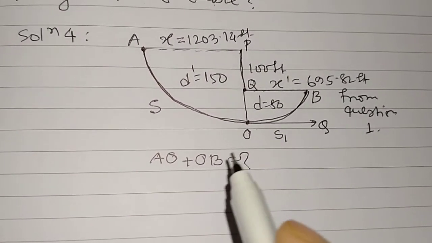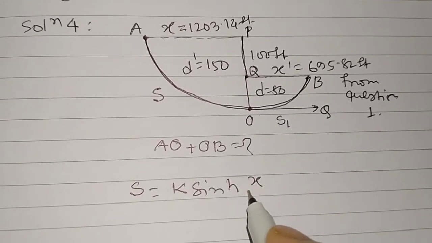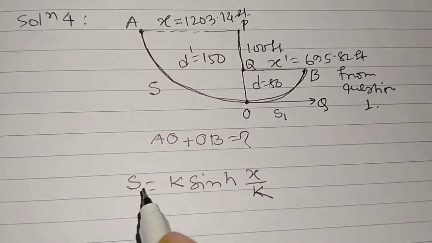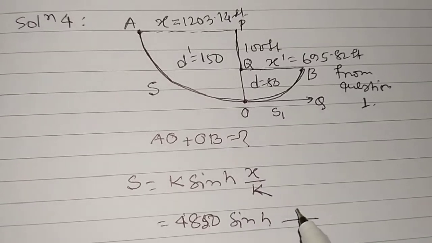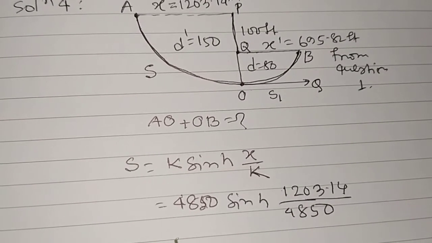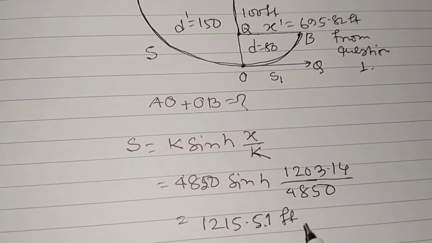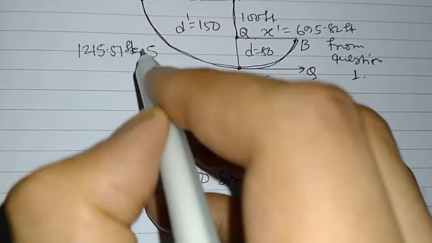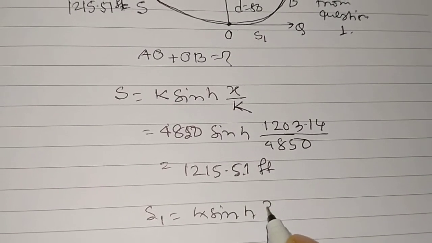We know that for the catenary we can write S equals K sinh(x/K), and we put the values here to get S, where K equals 4850 from question 1, and x for the upper support is 1203.14, and by solving this we get the value of S equals 1215.51 feet. So the value of S is 1215.51 feet.